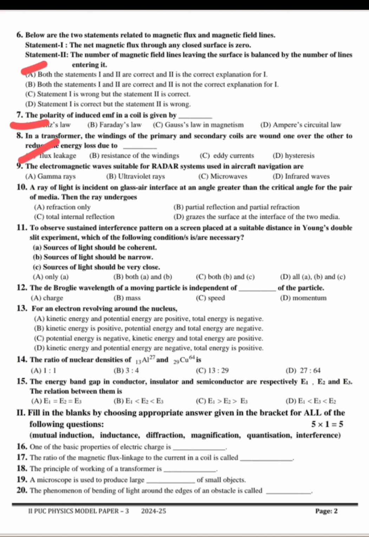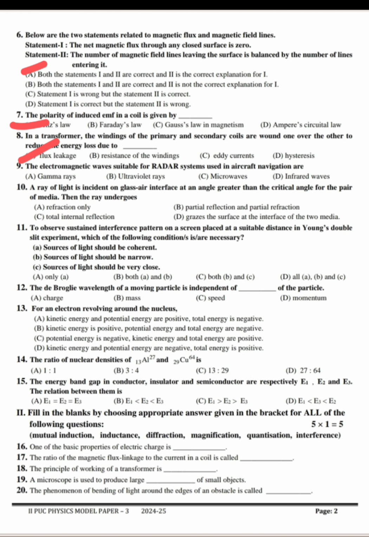That means when current is flowing through the primary, the current carrying coil produces a magnetic field, and hence the magnetic flux linked with the secondary coil changes, right? That we know. Now what happens if these two coils are separated by some distance?